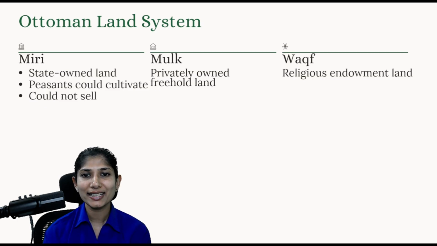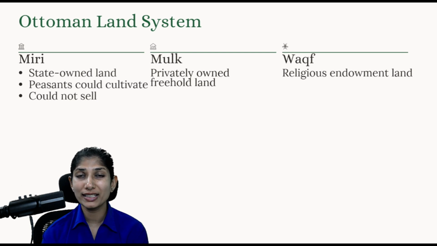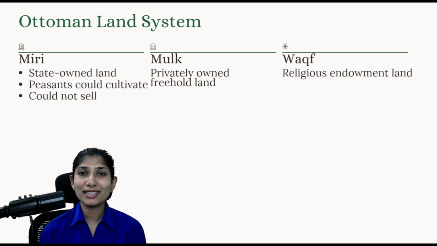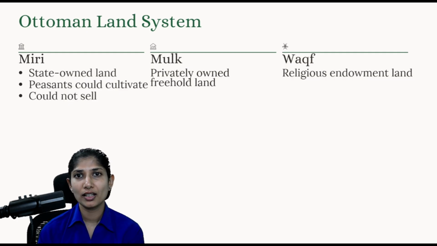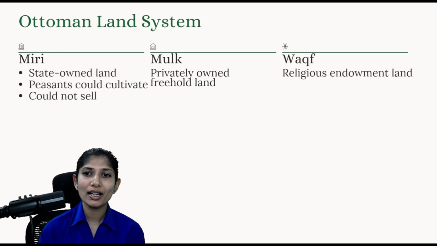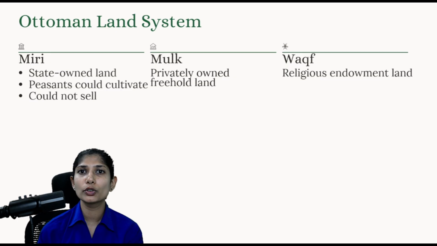The second is Mulk. Mulk is privately owned freehold land, which means private property. Next come Waqf properties. Waqf properties are religious endowments given to schools, mosques, and charity purposes. It is more of a donation.